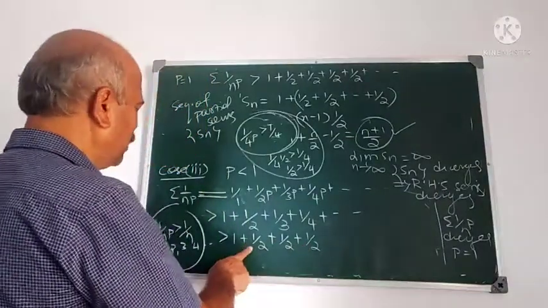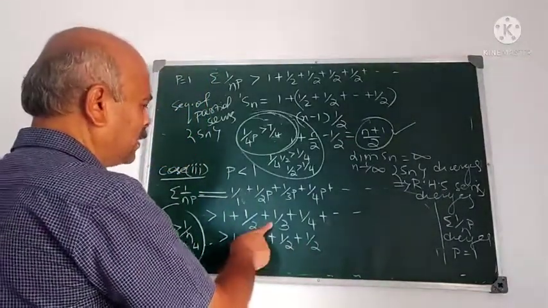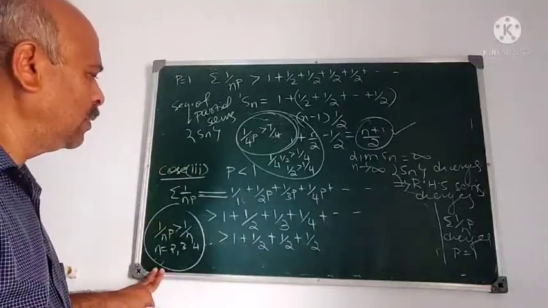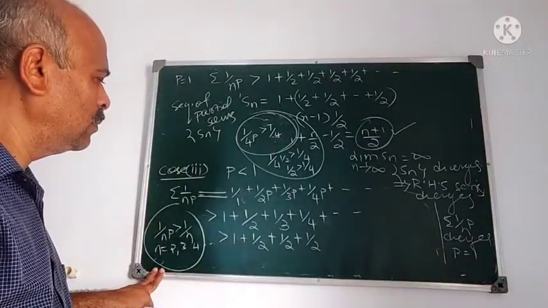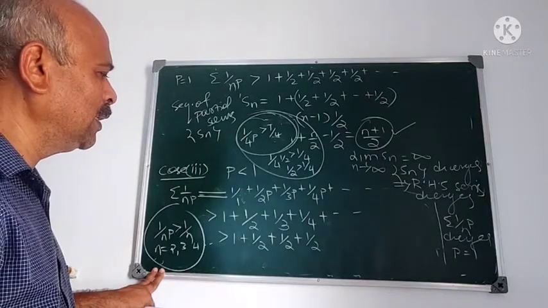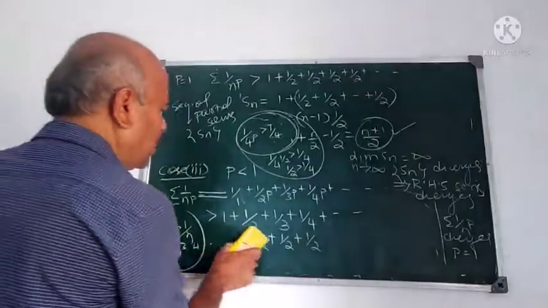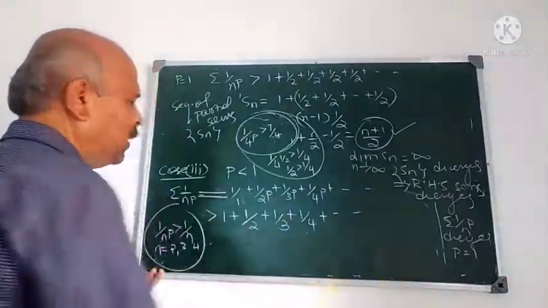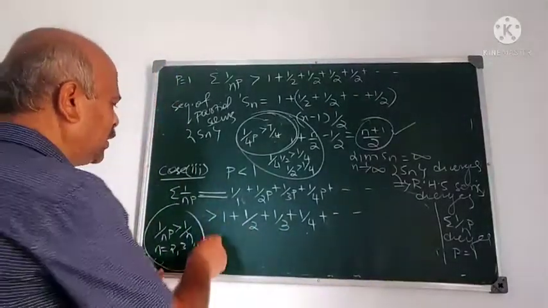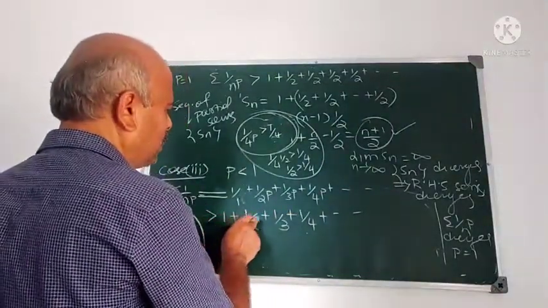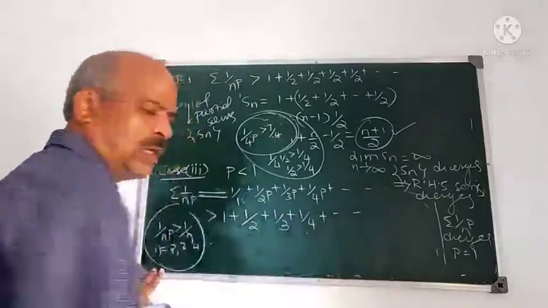Is it true here that 1 by 3 is greater than 1 by 2? Not true here. 1 by 4 is greater than 1 by 2 is not true. So in this step we cannot write. It is sigma 1 upon n raised to p is 1 plus 1 by 2 plus 1 by 3 plus, it is greater than 1 plus 1 by 2, 1 by 3, 1 by 4 and so on.